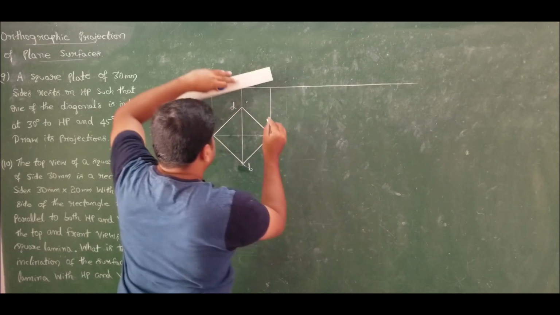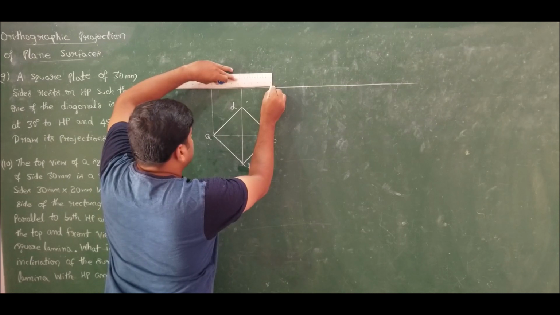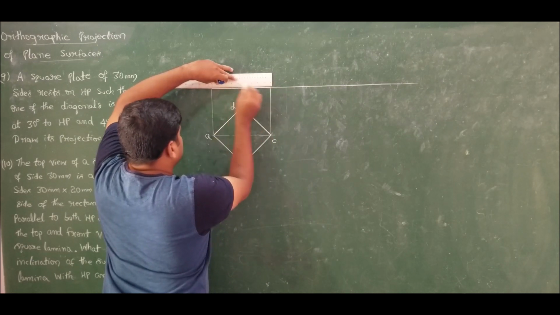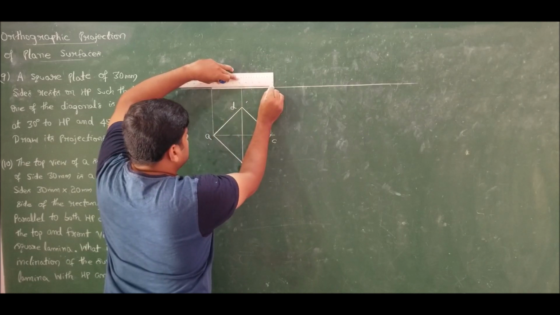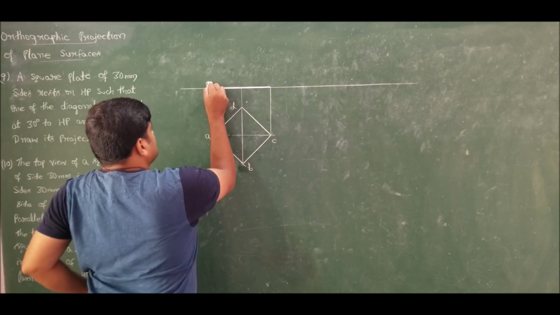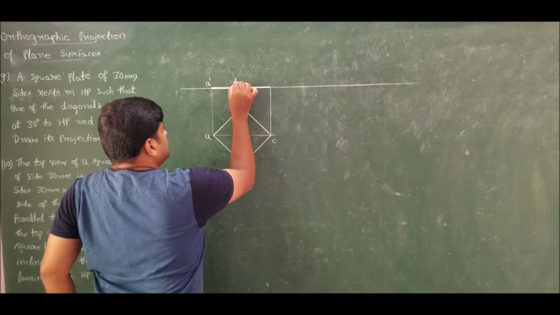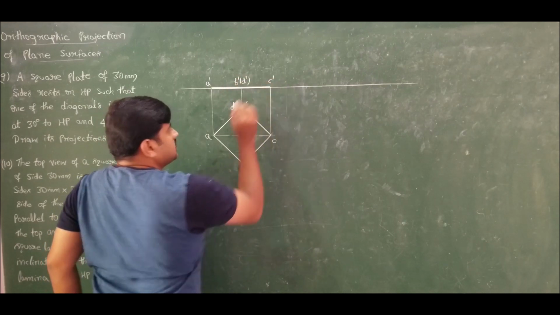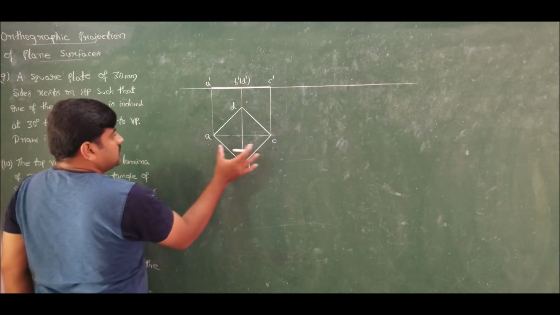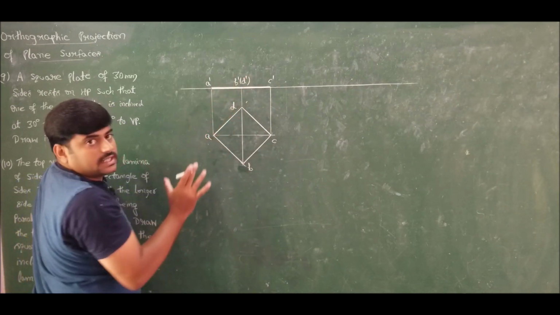So I have taken the projection. If I complete the drawing, the front view will yield us this A dash, B dash is visible and D dash is invisible, and this is C dash. So now we can see we have got the diagonal in the front view.